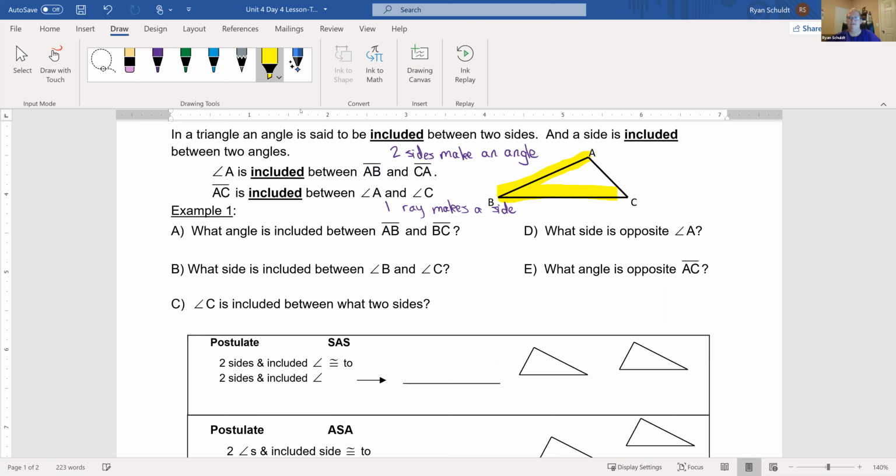There's BC. So what angle is in between those two sides? Angle B. So that's what we would say right here. Angle B.